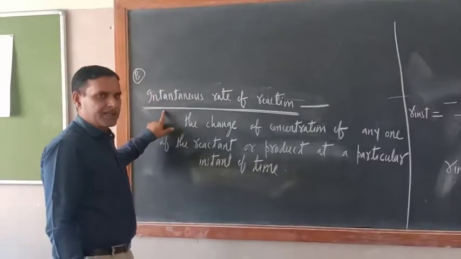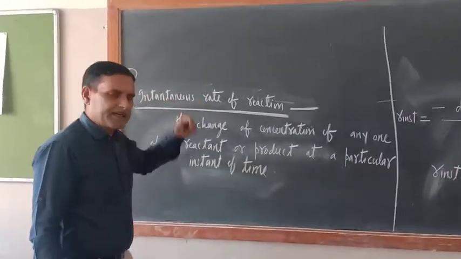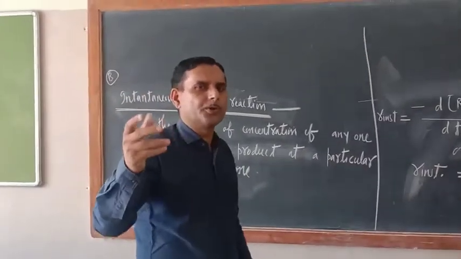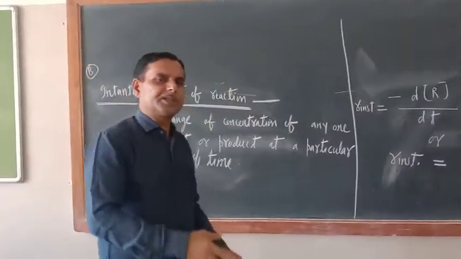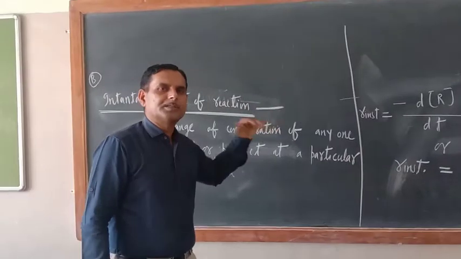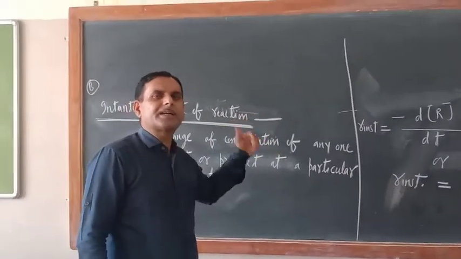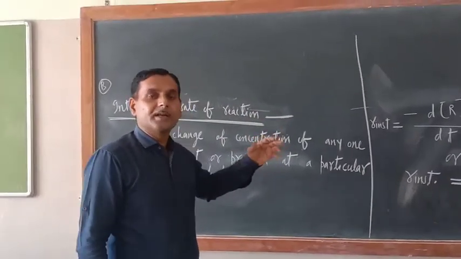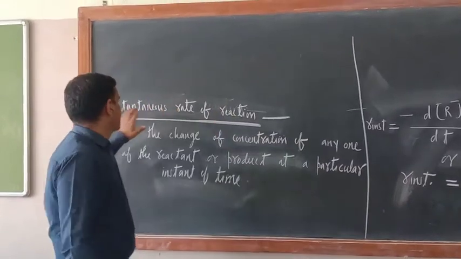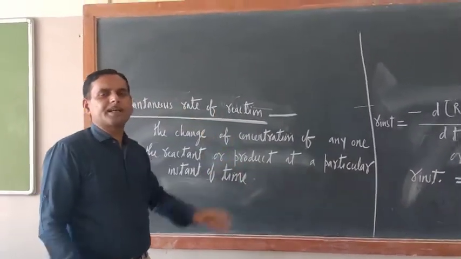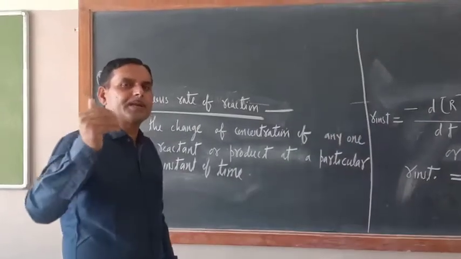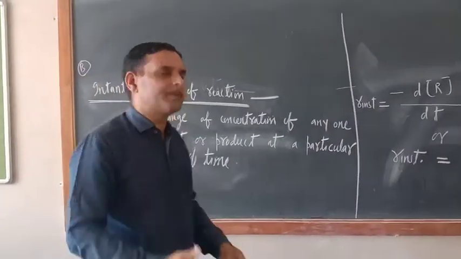Now the second method is instantaneous rate of reaction. As I told you, average rate of reaction is adopted when the concentration of reactant is more. Suppose the concentration of reactant is less, then which method will you apply? This one, instantaneous rate of reaction. Instantaneous rate of reaction means the rate of reaction at a particular moment of time.